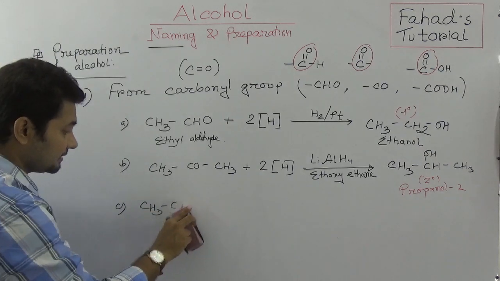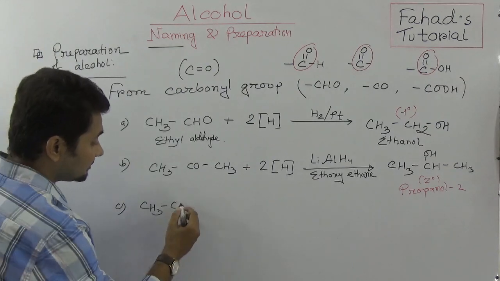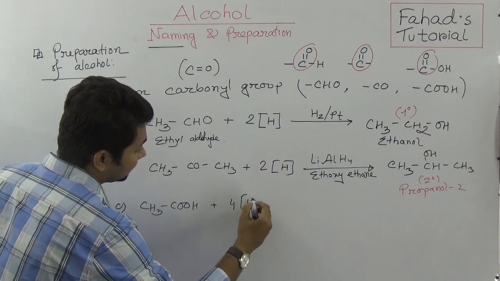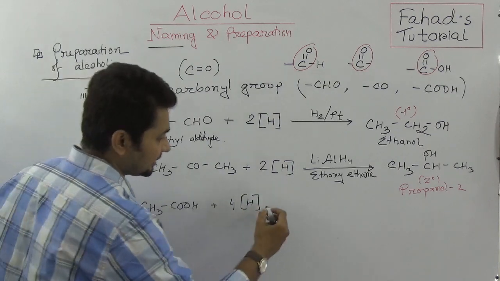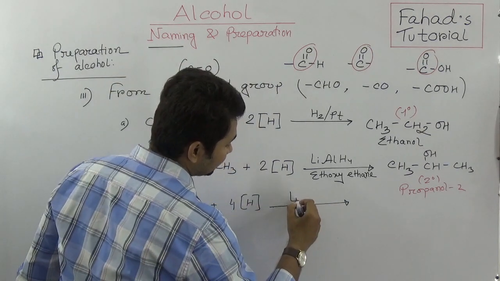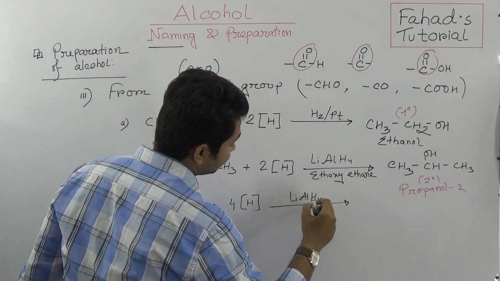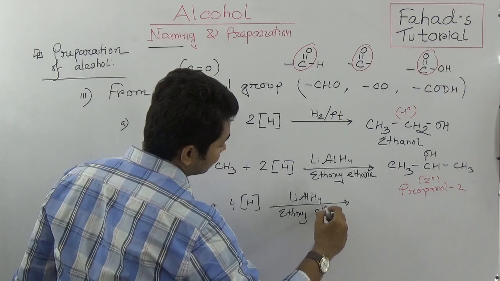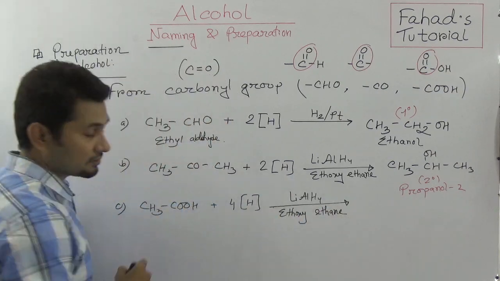Now in the third case, from CH3COOH, again the process is that 4 nascent hydrogen and lithium aluminium hydride with a solution of ethoxyethane will produce what?